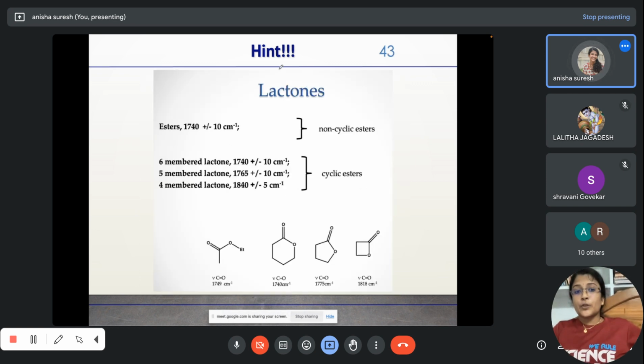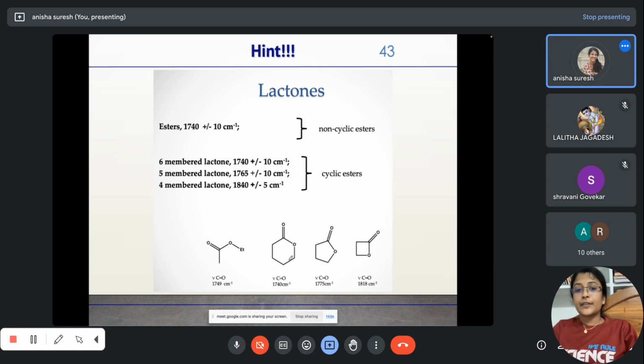For non-cyclic esters, it is given as 1740 plus or minus 10 centimeter inverse, as we can see here. For this compound, the C double bond O stretching frequency is 1749. For a 6-membered lactone, it is around 1740 plus or minus 10.